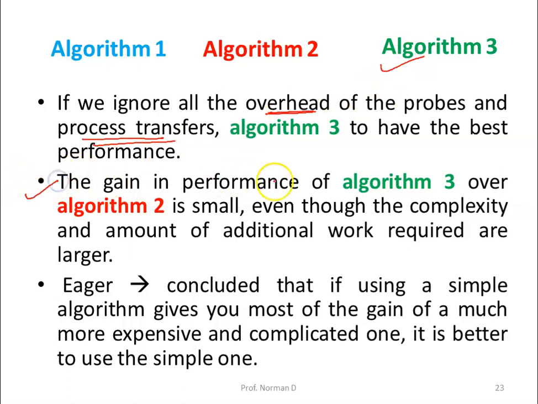The gain in performance of algorithm 3 over algorithm 2 is smaller, even though the complexity and the amount of additional work required was larger. So finally, Dr. Eager concluded that if a simple algorithm gives you nearly the same gain as a much more expensive and complicated one, then it is better to use the simple algorithm.